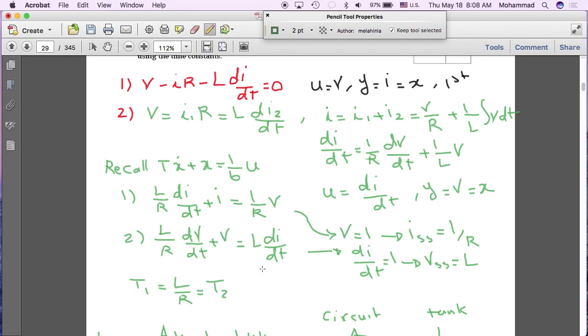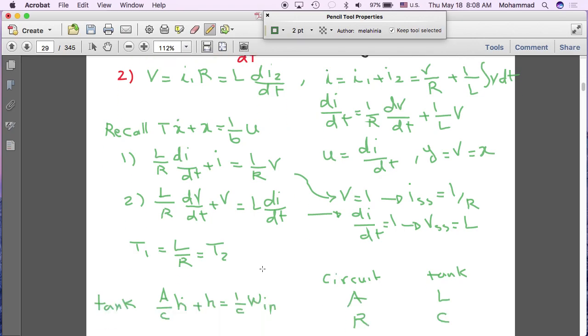Now the other part of the question asks, if the input is a constant, find the steady state value of the output. So for the first equation, we decided that the input was voltage. So the question basically becomes, if a voltage of 1 is applied to this circuit, what would be the steady state value of current?